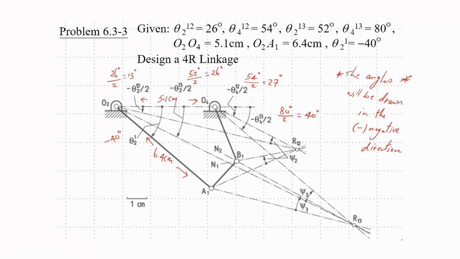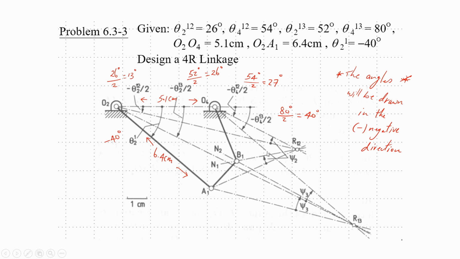Now we need two more reference lines. Well, this one, we can draw directly from A1 to R12, and we know we will have an angle here. These angles should be the same, 14 degrees.